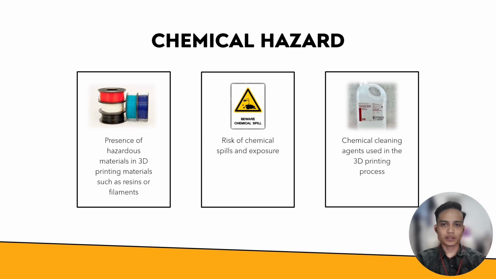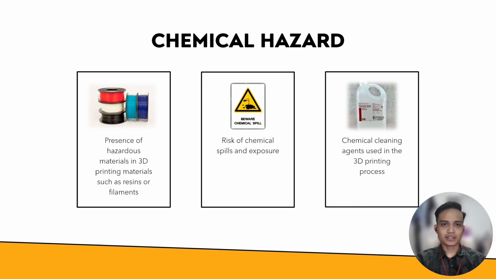To address the hazard, it is important to choose materials with low VOC emissions or consider alternative materials with safer properties. Another chemical hazard is the risk of chemical spills and exposure. Accidental spill of chemicals or contact with hazardous substances can pose risk to workers.